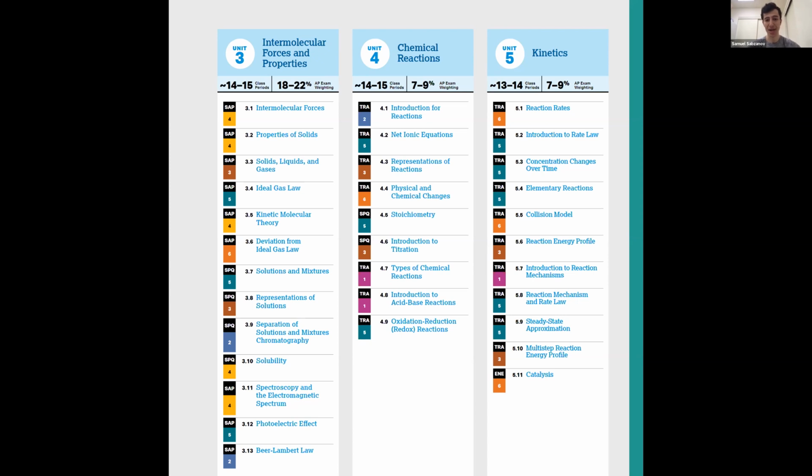So what a net ionic equation and what a reaction is going to be is that you have to have what's called a balanced reaction. What does that mean? That the same atoms and elements that come in are the same atoms and elements that come out. Although these atoms and elements can be rearranged, and they often are rearranged, it's still the same composition of atoms and elements, just arranged in different ways.